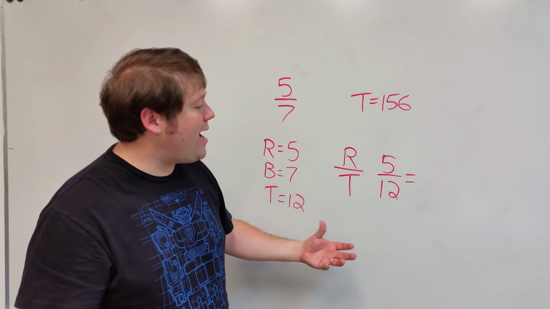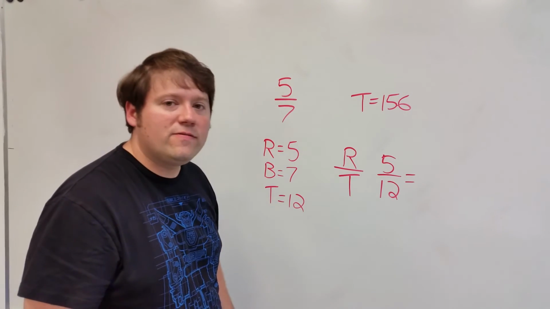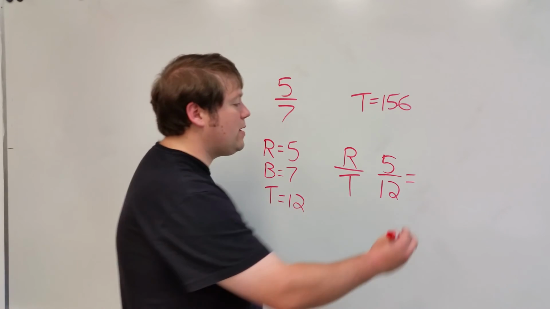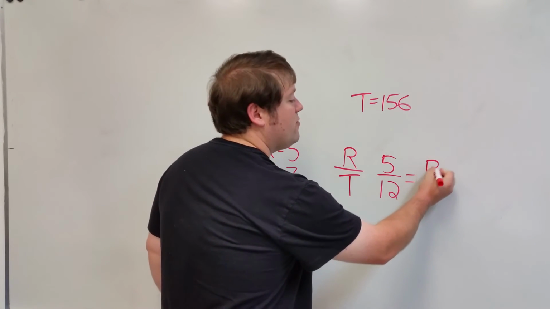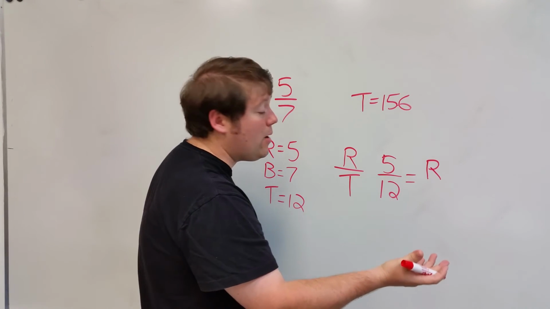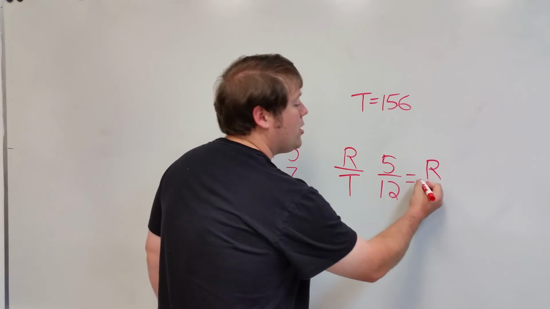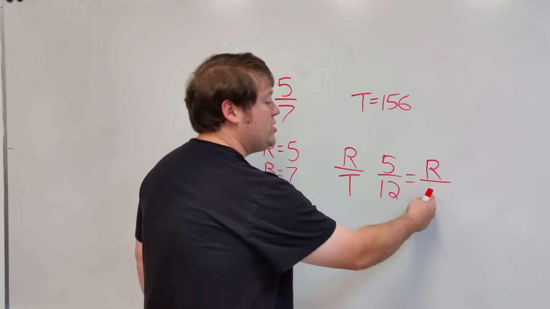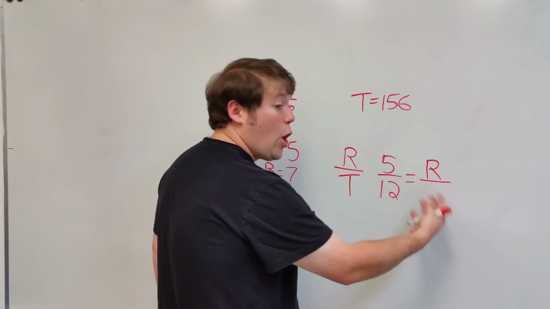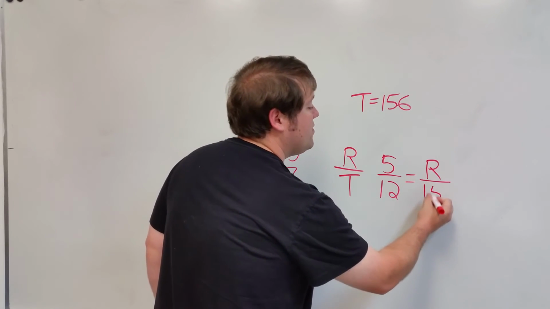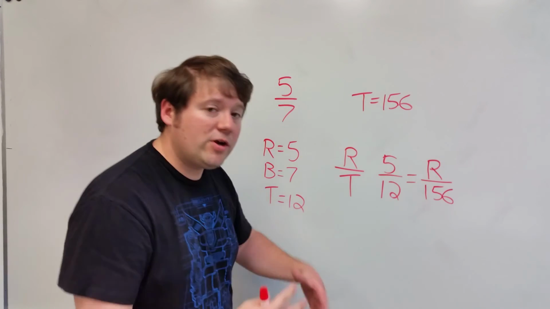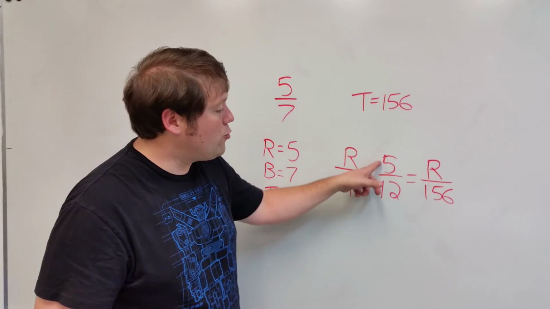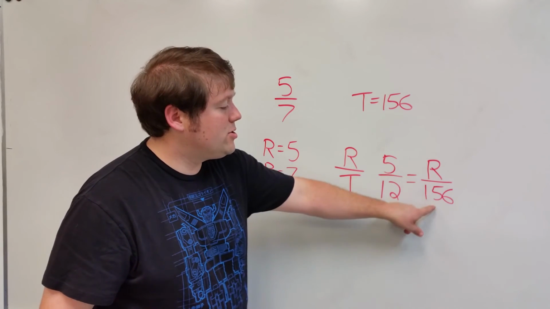Because in the whole bag, I have a total of 156 marbles. And so I'm still going to have a ratio of red marbles, even though I don't know how many. I'm going to write it as R over the total number of marbles, 156. So notice my ratio is the same throughout the problem. Red to total, red to total.